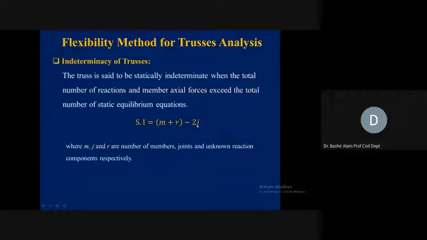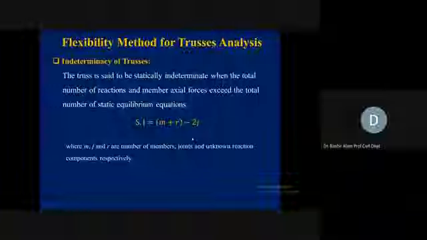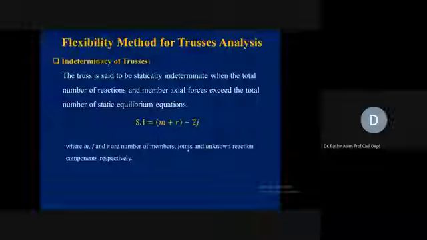So if they are equal, the structure is statically determinate, and if m plus r exceeds 2j, then the excess gives you the degree of statical indeterminacy. Here is the explanation of the terms, where m, j, and r are the number of members, joints, and unknown reaction components respectively.